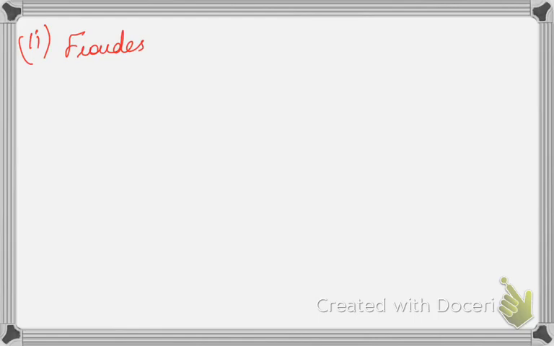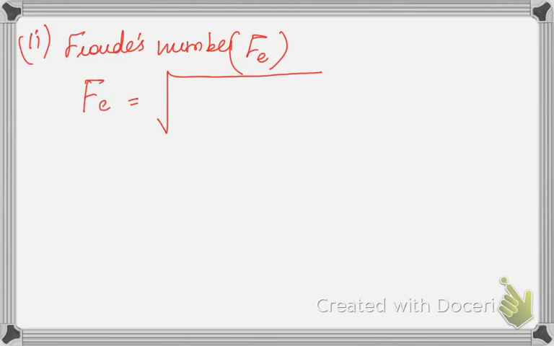The second number is the Froude number. It is denoted by Fr. The Froude number is the square root of the ratio of inertia force to gravity force.